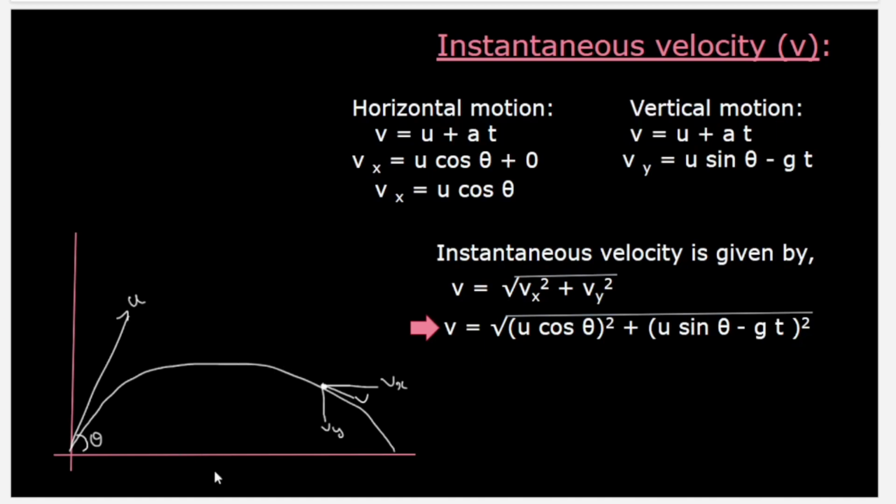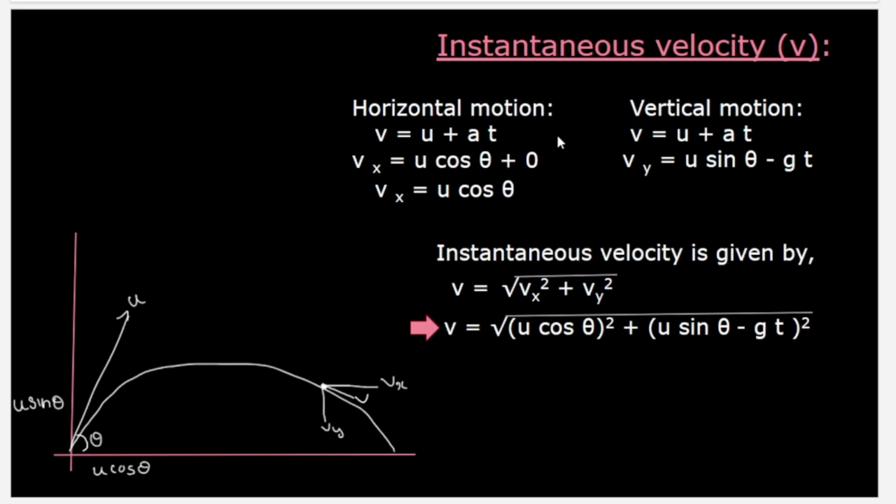In this diagram, we have to derive the formula of v, instantaneous velocity. So let's derive. In horizontal motion, using the first equation of motion, v is equal to u plus at, where v is final velocity, u is initial velocity, a is acceleration and t is time. Vx, because x-axis, is u cos theta, and in horizontal motion acceleration is always 0, so plus 0.